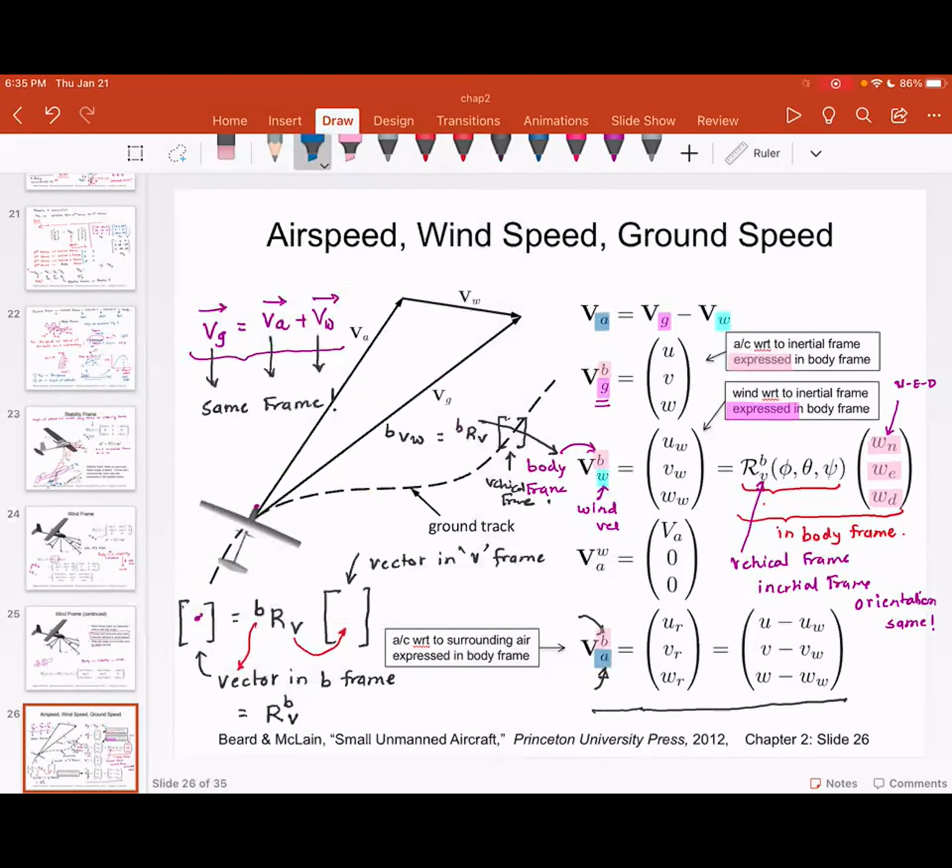So when we try to solve this vector equation, we want to make sure that all these velocities are expressed in the body frame.